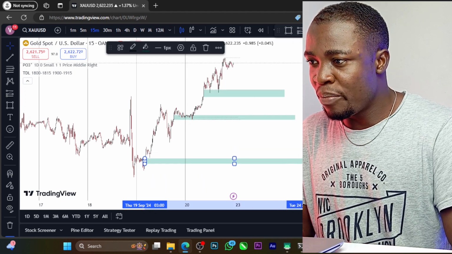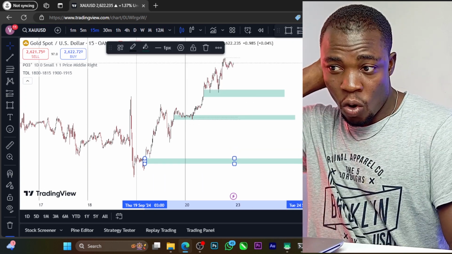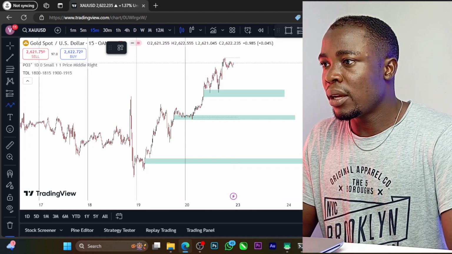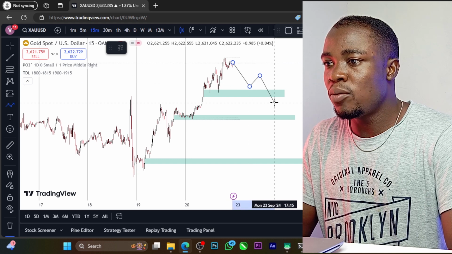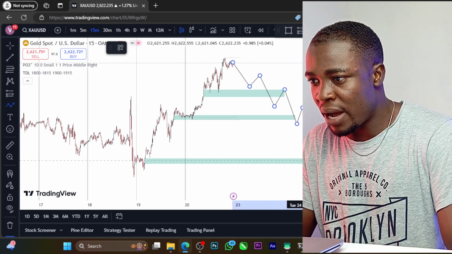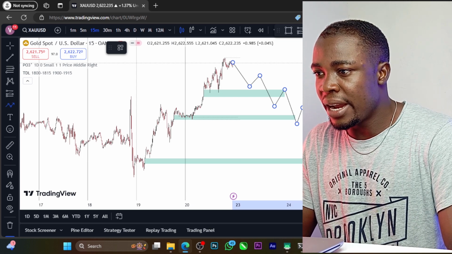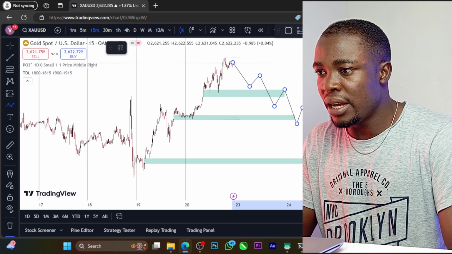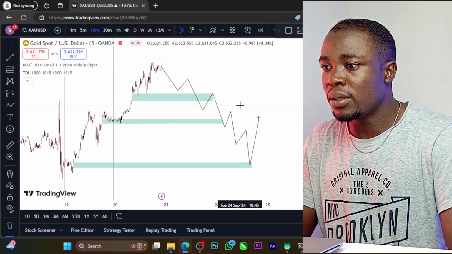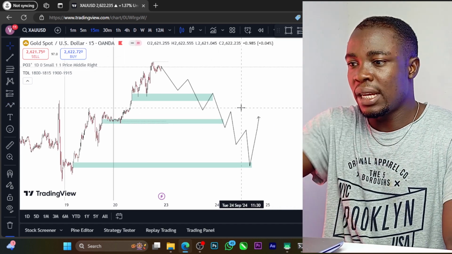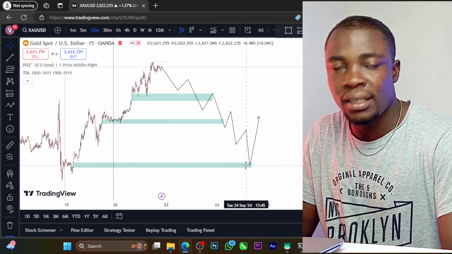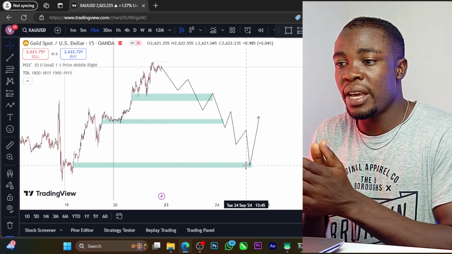So the next rebound on this gold: if gold is able to get back, I know there will be a whole lot of zigzag, but when it gets back to here, there must be a reaction to the upside. If gold gets back to here, there must be a reaction from this fair value gap. You know, it has not been balanced, so there must be a reaction from here to the upside.